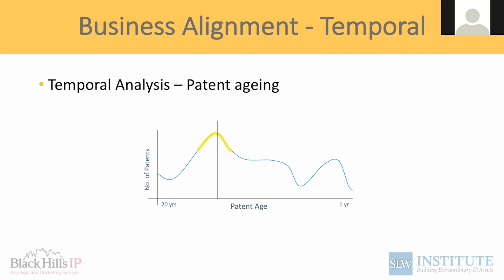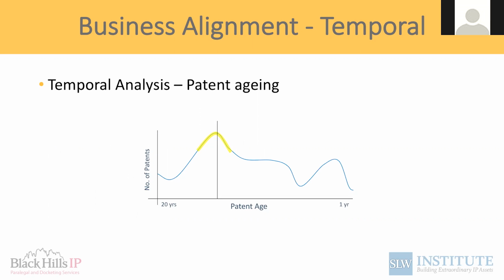Is that something to be worried about? The idea being, if we have peaks that are more to the left, meaning they are coming to expiration sooner, I've got a lot more concerns to deal with. They're harder to deal with than those on the right, which are my more recently filed cases.